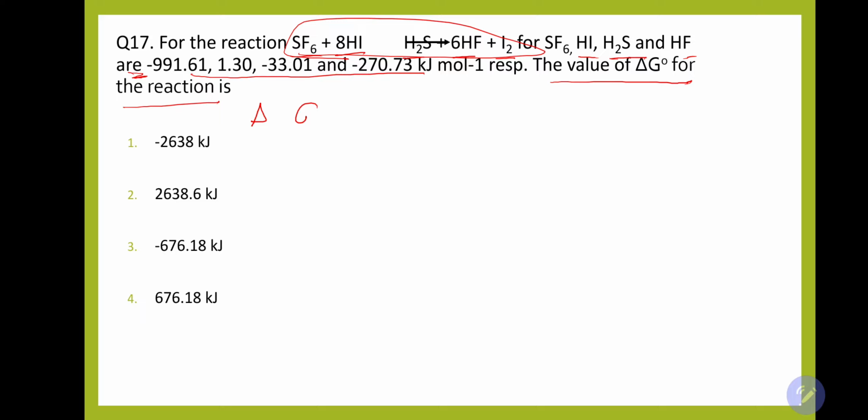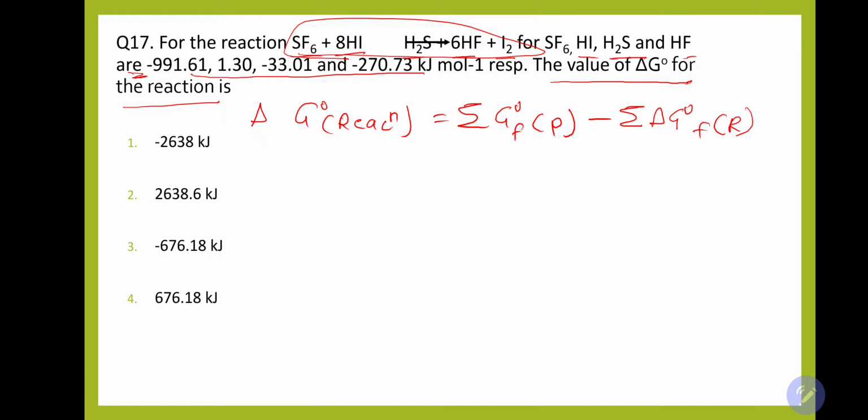Simple, delta G naught of the reaction, the whole reaction is given to you. It is the summation of delta G naught of formation of products minus the summation of delta G naught of formation of reactants.